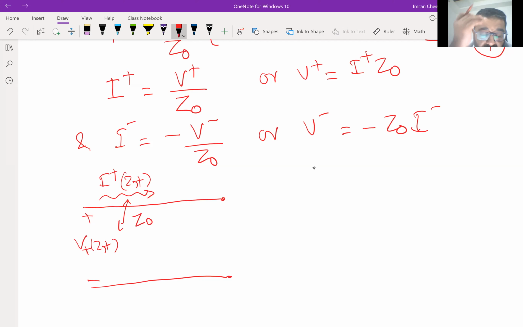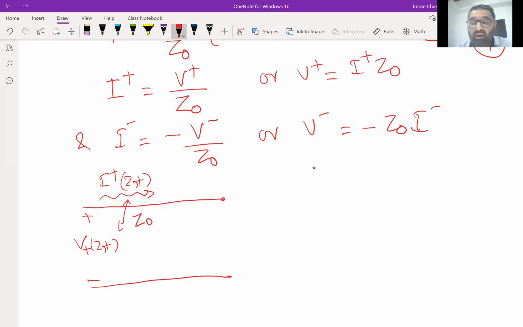As the voltage and current wave travel, they see Z naught, the characteristic impedance of the line. You can intuitively think of it as the inherent resistance offered by the line at each point, okay?